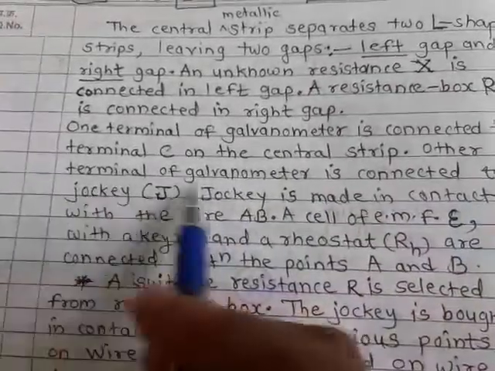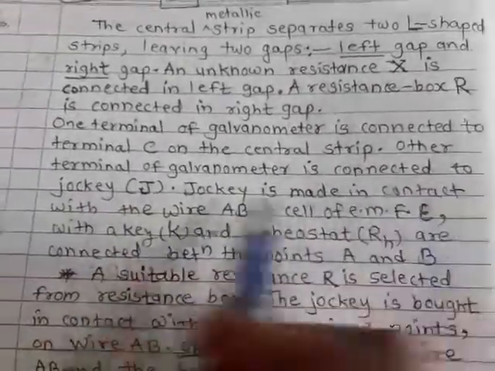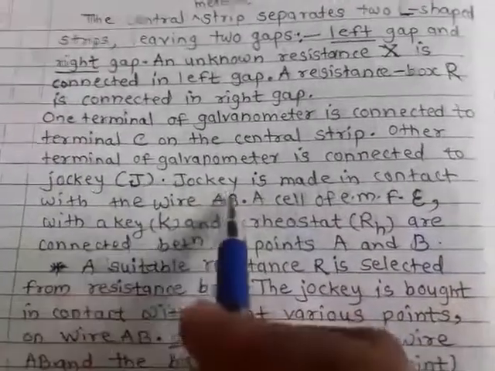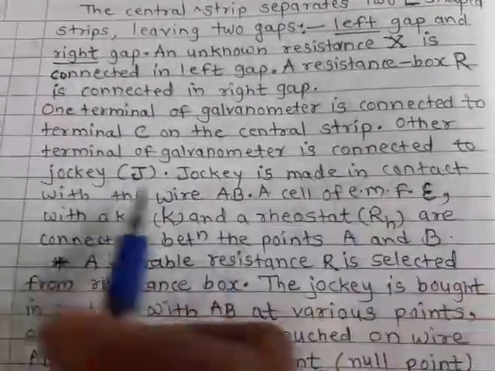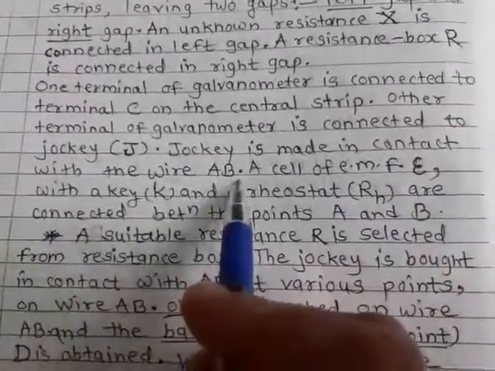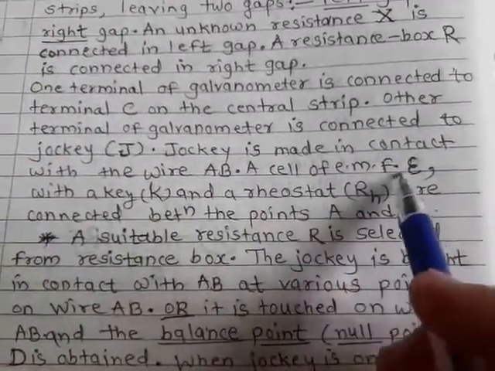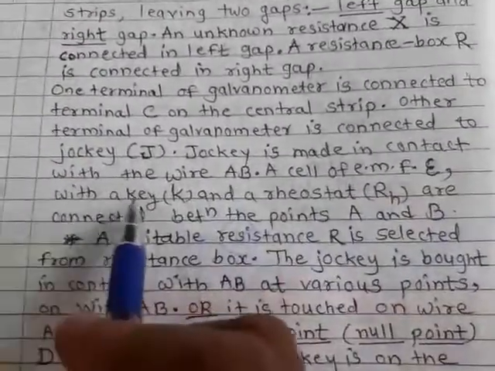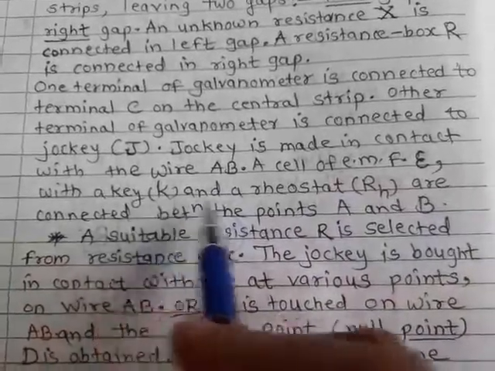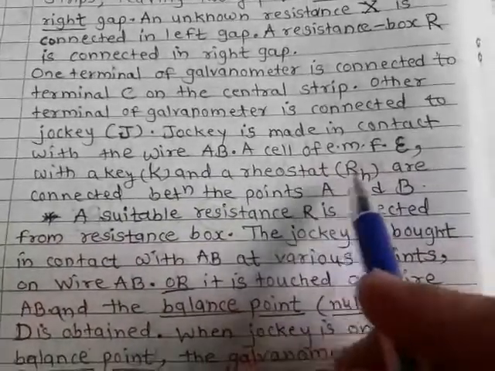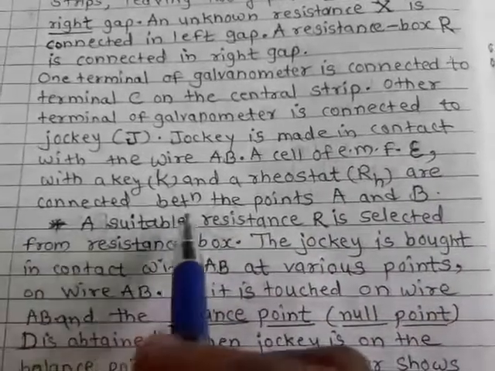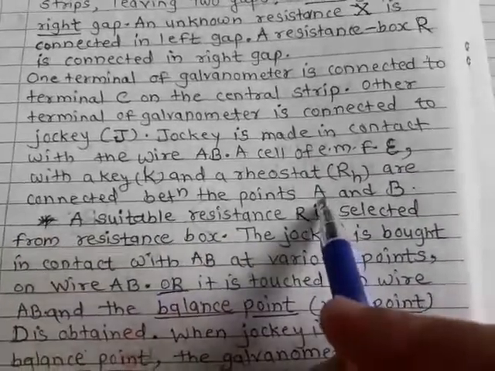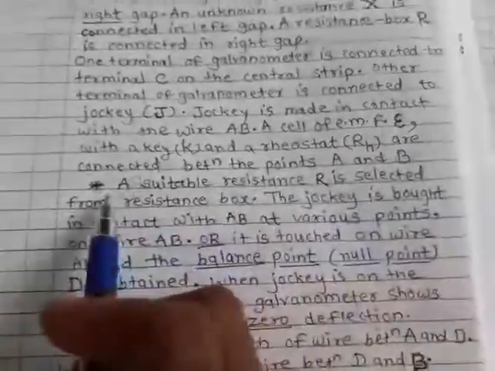Other terminal of galvanometer is connected to jockey J. Jockey is made in contact with the wire AB, a cell of EMF epsilon with a key K and a rheostat RH are connected between the points capital A and capital B.